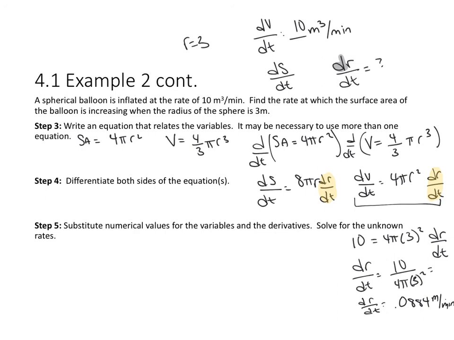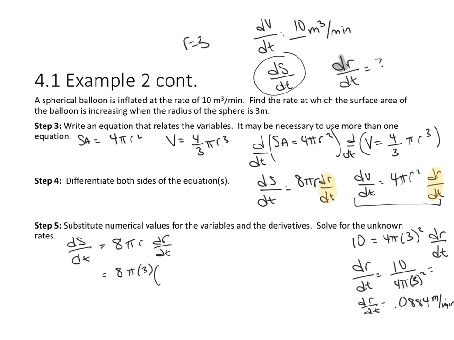But again, the problem asked us for dS/dt, so we're going to go back and plug that in. And that's step 5, to use all the variables that I figured out and solve for the unknown rates. So I have my radius was 3.